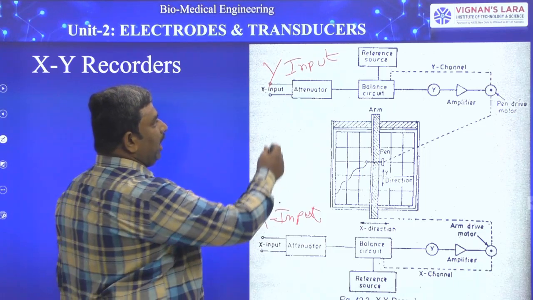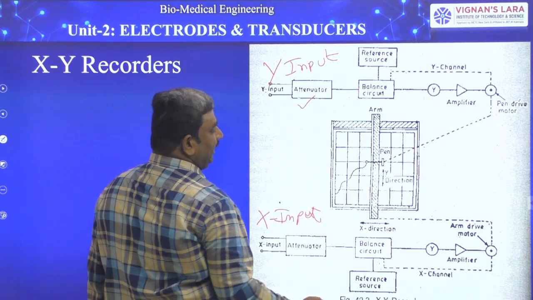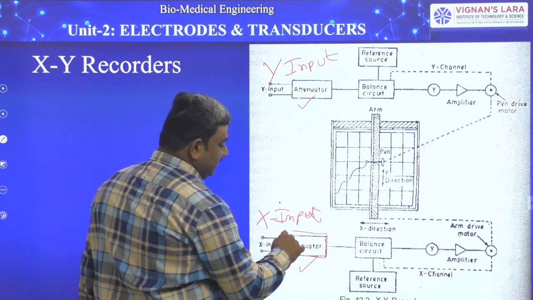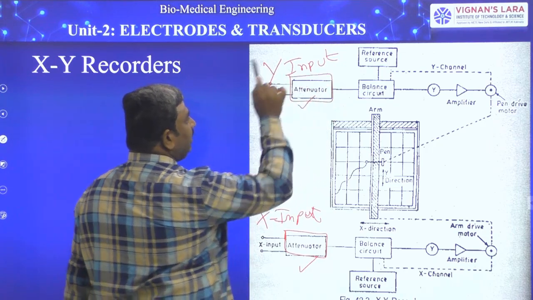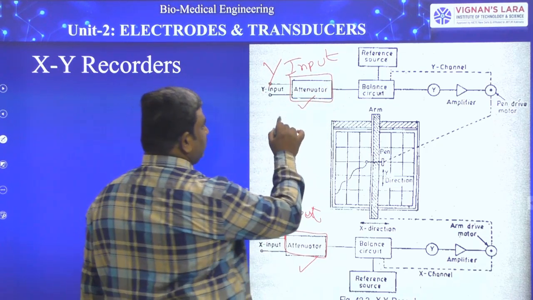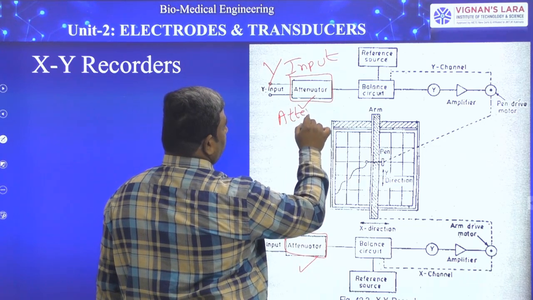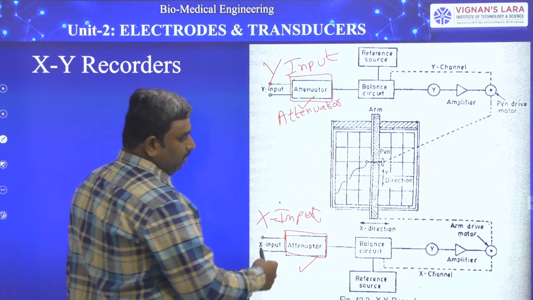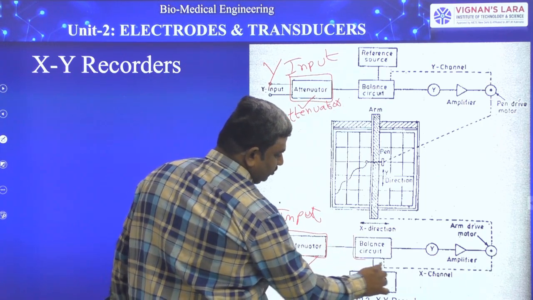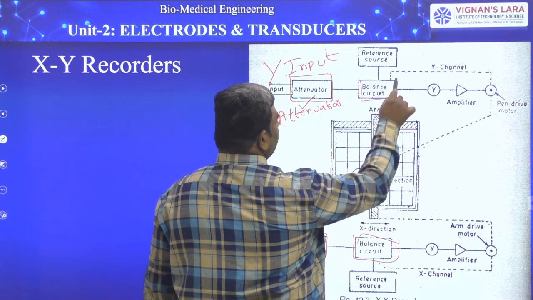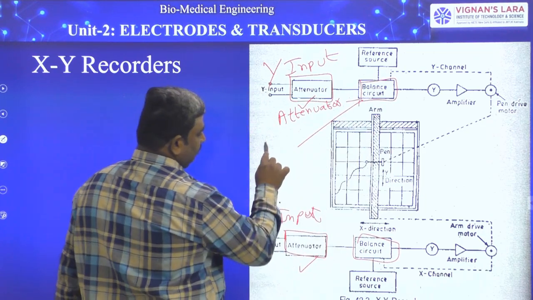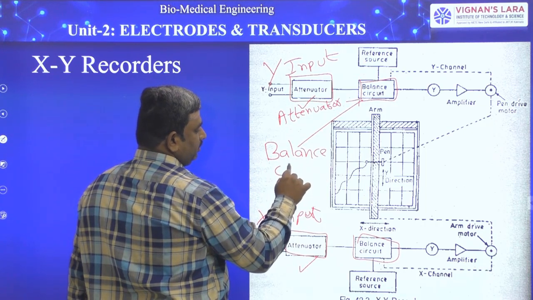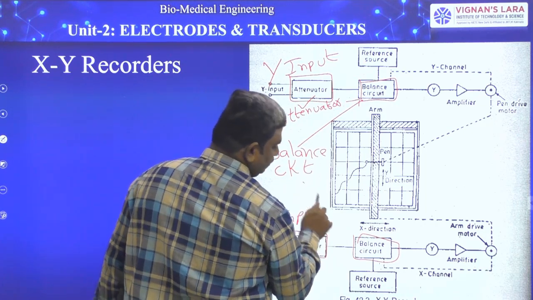Okay, next. After giving the input, I am using an attenuator. So in this box I am placing an attenuator circuit. Next, after this I am using the next box, the balance circuit.